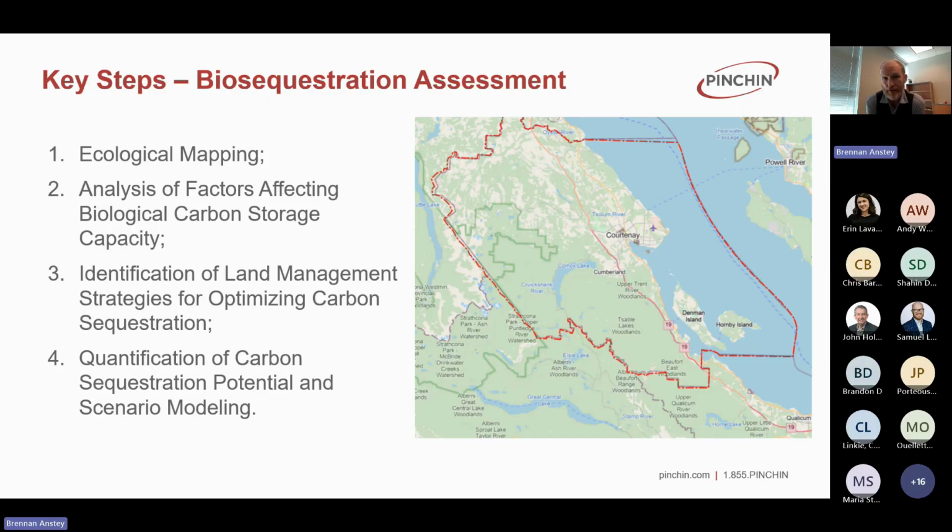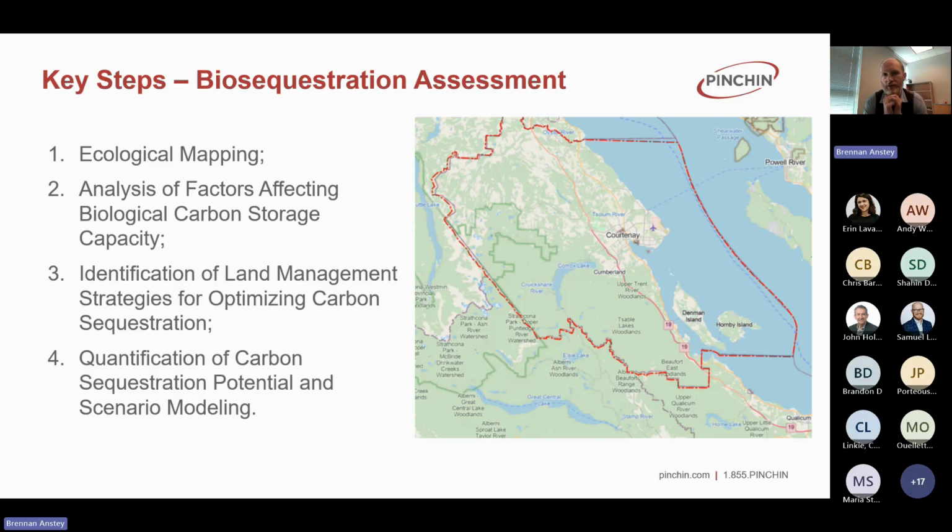They said, okay, we have all this land, it's full of trees, different ecosystems. It must be sequestering carbon. Can we add some minuses to our ledger here? We know what emissions we're producing, but we don't know what minuses, and can we increase those minuses if we manage our land slightly differently?